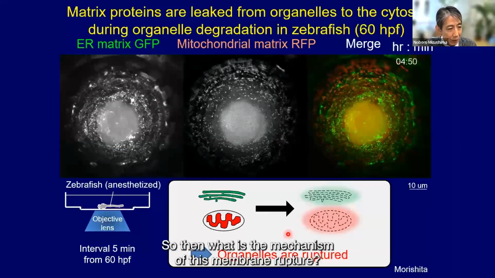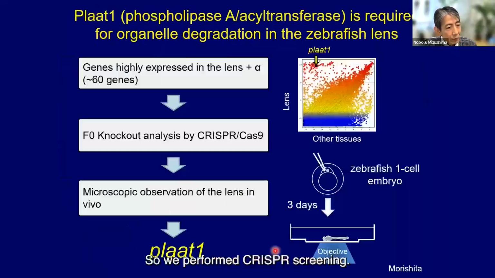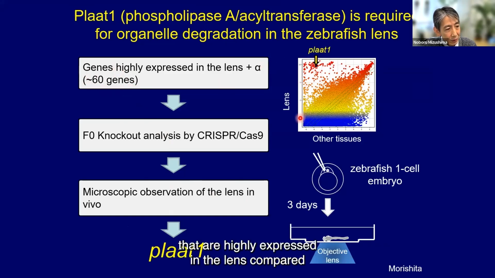Then what is the mechanism of this membrane rupture? We performed CRISPR screening. We selected around 60 genes that are highly expressed in the lens compared with other tissues, and performed F0 knockout analysis using CRISPR.